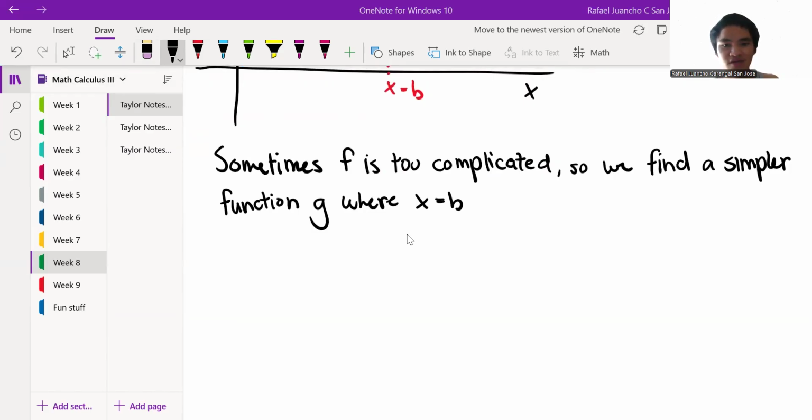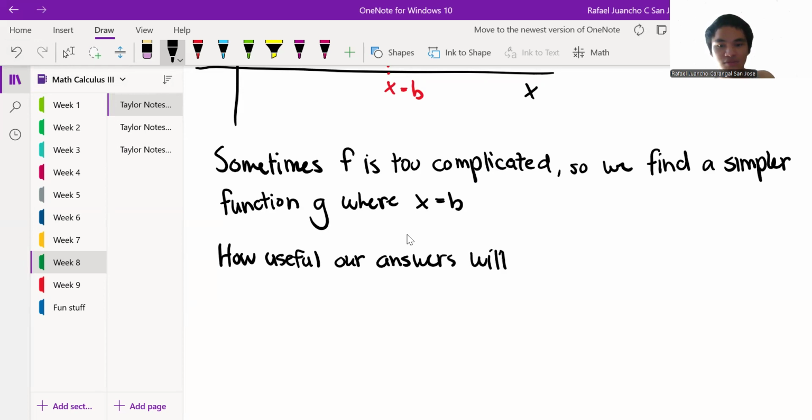And so how useful the answers will be depends upon how closely g approximates f. How useful our answers will be to whatever problem we're trying to solve really depends on our function g, which is approximately f.